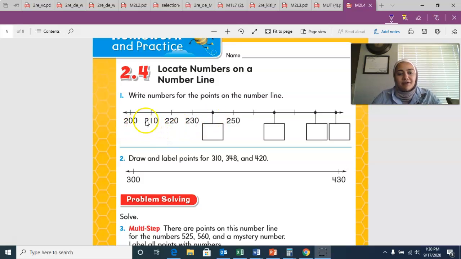So this is 200, this is 210. How many did they go up from 200 to 210? How many more is that? It's 10 more. Therefore, we know that they're counting by tens.